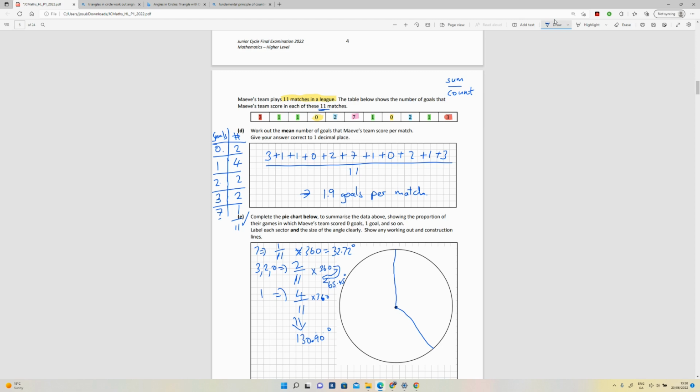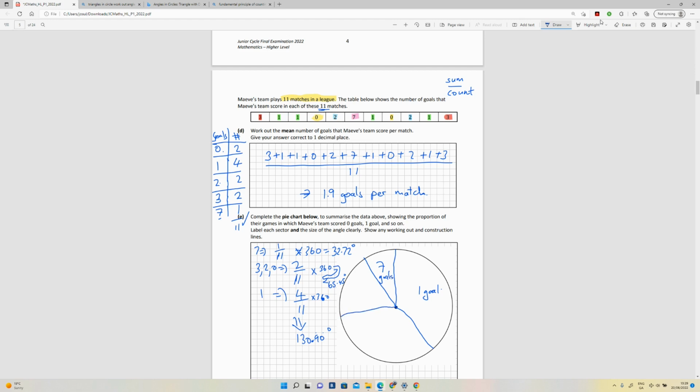So I'm going to say that's one goal. It's a bit small. So that is my 7 goals.